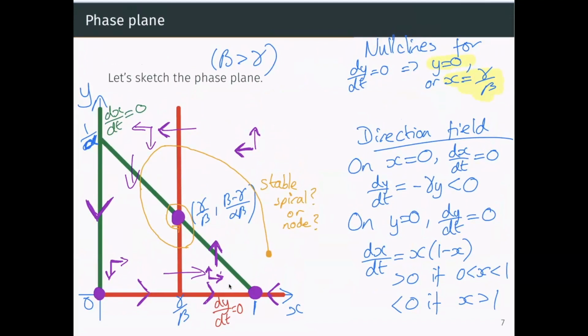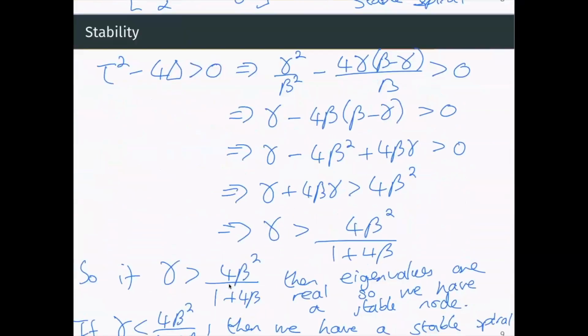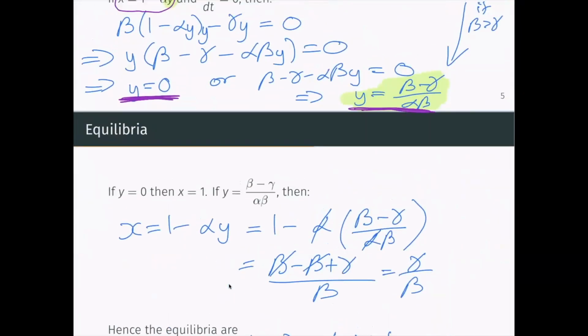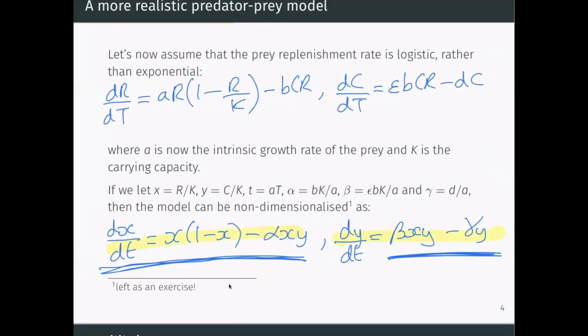But let's have a think about what these gammas and betas mean. If we go back up to our original non-dimensionalized equations here, gamma was our death rate for our predators, and beta was our functional response, or rather our attack rate for our predators as part of that functional response, scaled also by its efficiency.